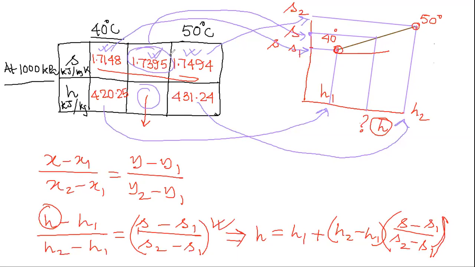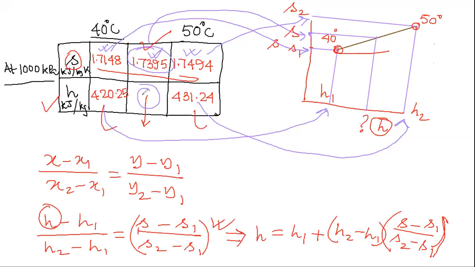Okay, so for linear interpolation, I always suggest you to construct such a table where on the topmost row you write the variable which you know completely, and on the lower row, you write the variable for which you only know the endpoints.